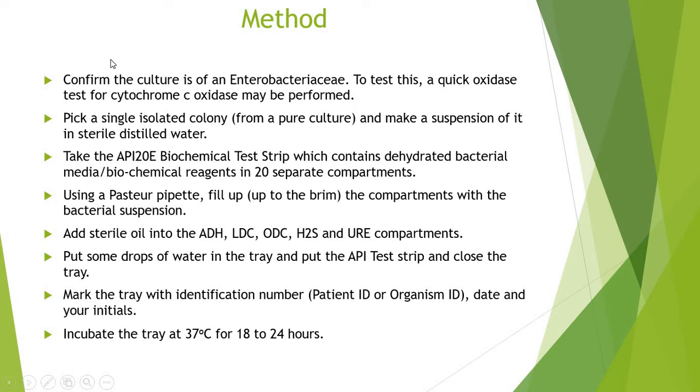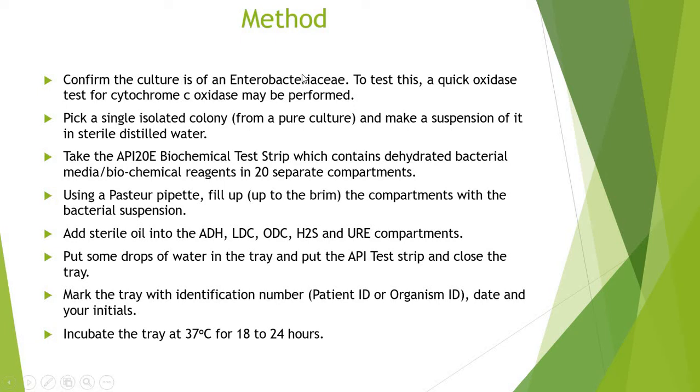First of all, we grow the bacteria. After growing the bacteria, we confirm the culture. For example, if we want to identify E. coli, then before identification we confirm the Enterobacteriaceae family, because E. coli belongs to it.